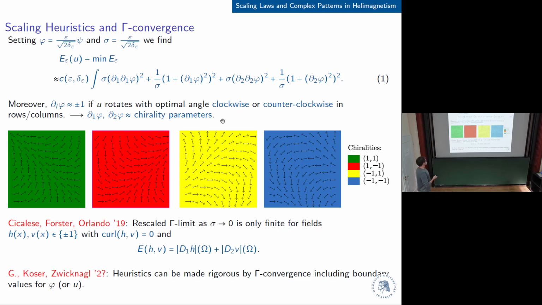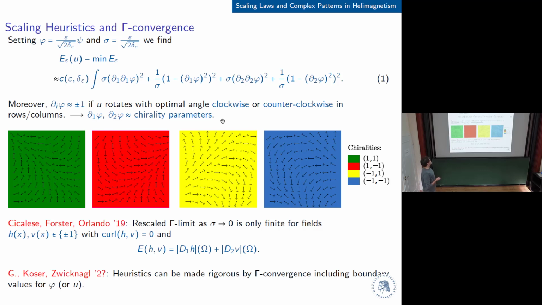So what you should get is that the limit as sigma goes to 0 of such a thing is only finite if the derivatives of phi are plus and minus 1, and the limiting energy is a sharp interface limit, so you should simply penalize transitions between the different states that are known.